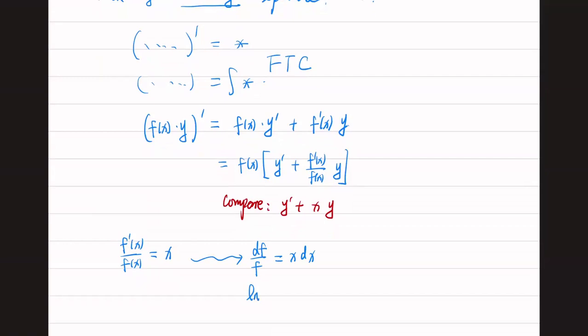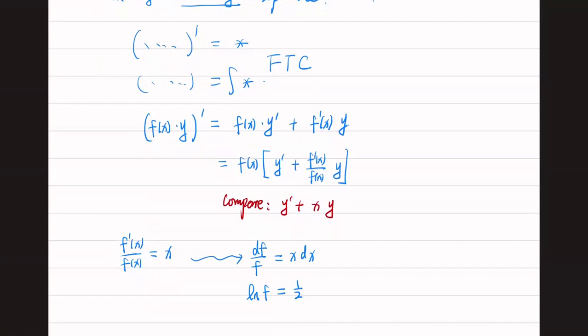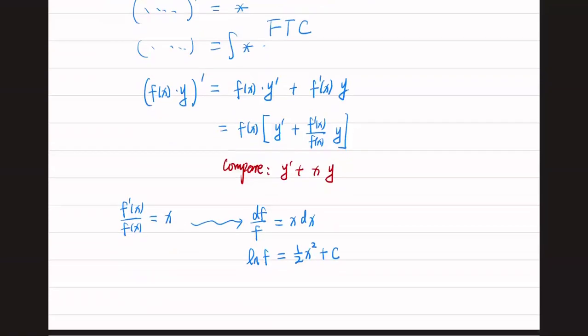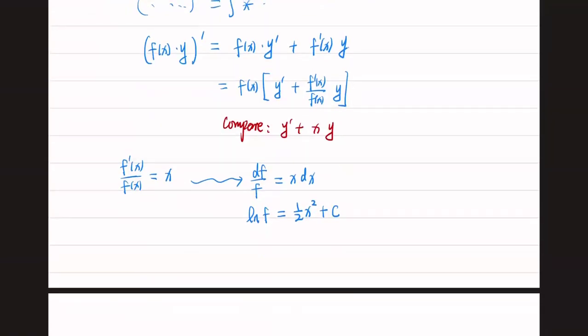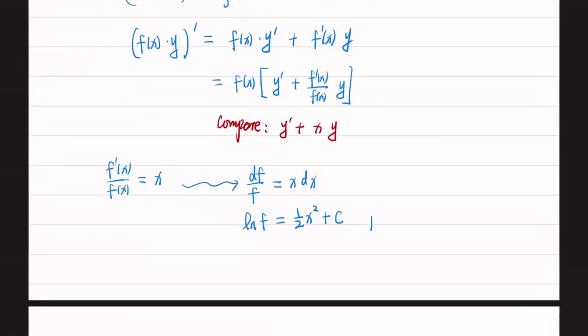Logarithm, we assume it's positive, so logarithm f equals x squared over 2. Okay, so we pick one because we just need one function. We're not looking for the general one. f of x will be exponential.